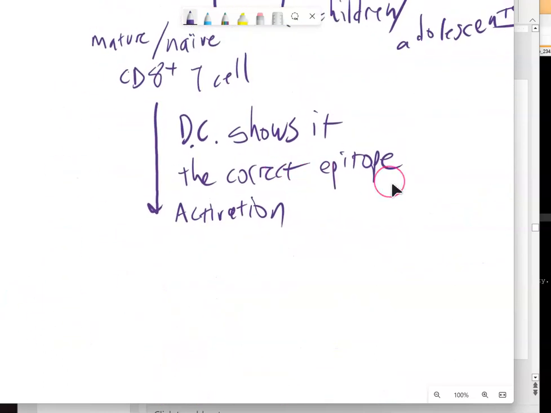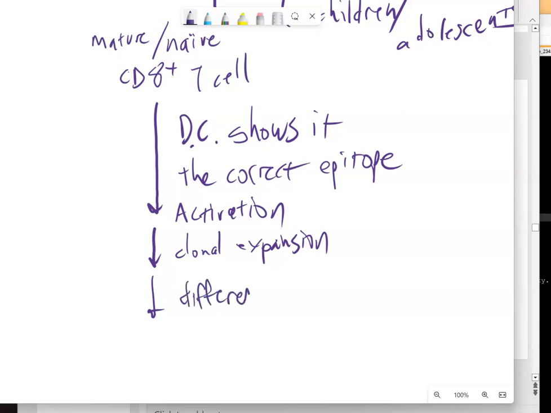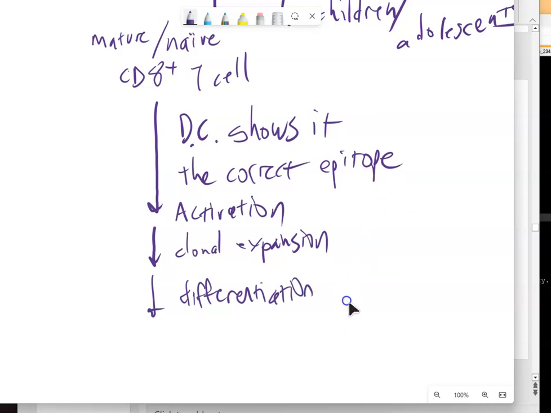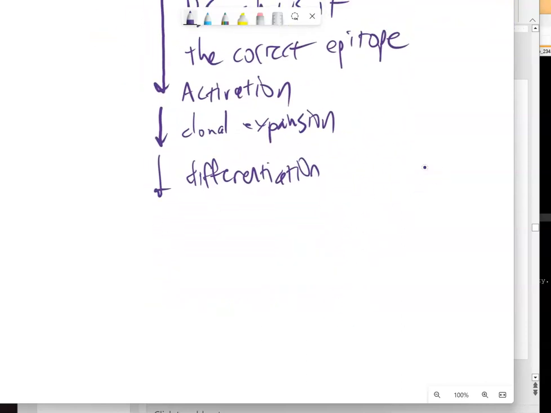So activation, this is what happens now, and you can draw the next two arrows because one of them is going to be clonal expansion, which is where we go from one of these T cells to many of those with the same receptor, and then they differentiate. You go through differentiation. And that's when you get two different types of cells.